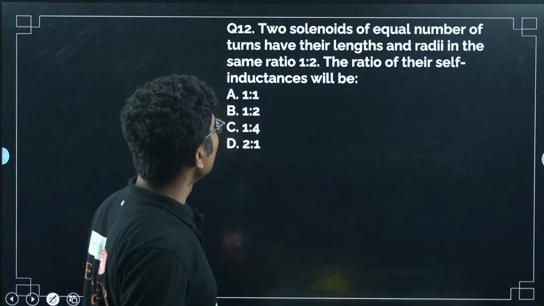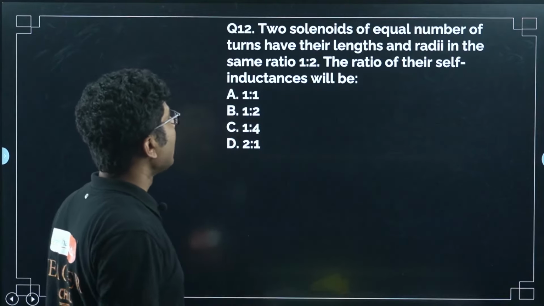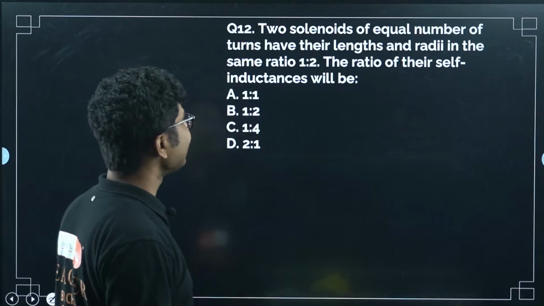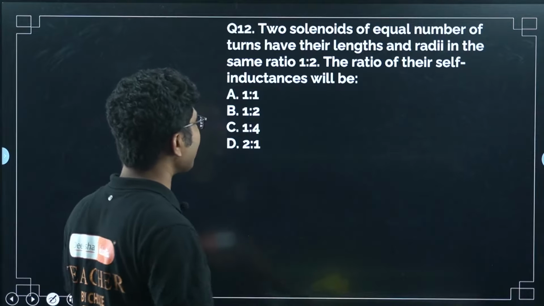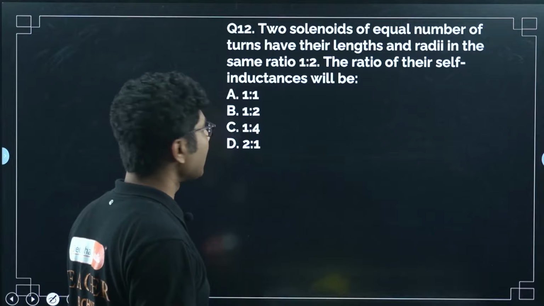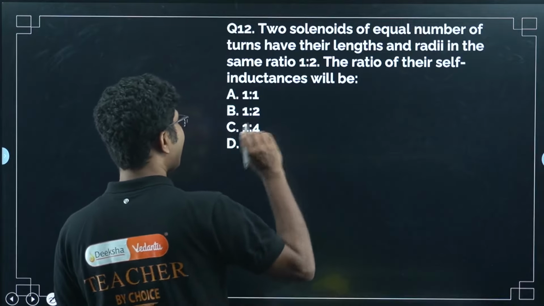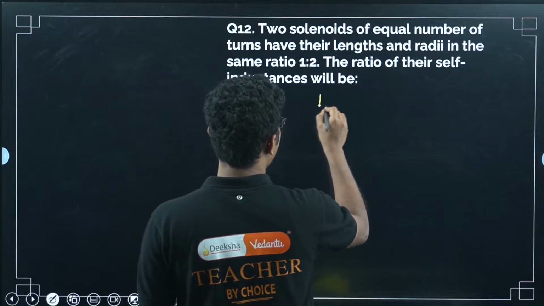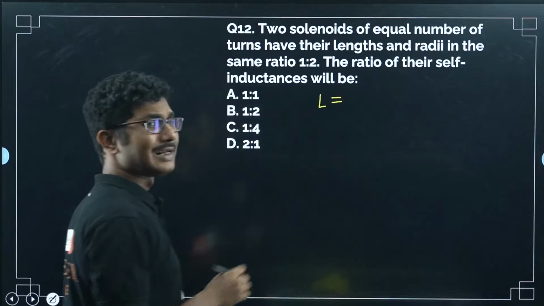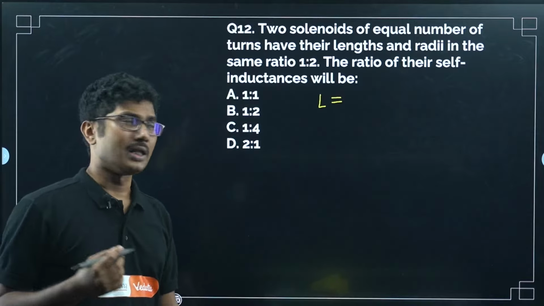Okay, two solenoids of equal number of turns have their lengths and radii in the same ratio 1:2. The ratio of their self-inductances will be. So now to solve that, we have to write the expression for self-inductance of a coil, right?